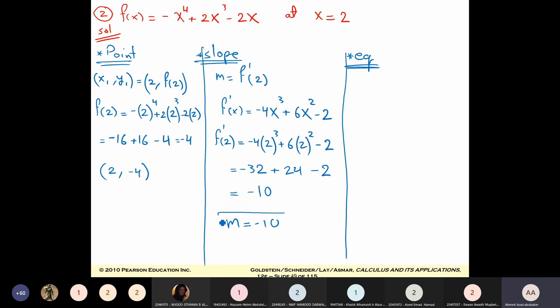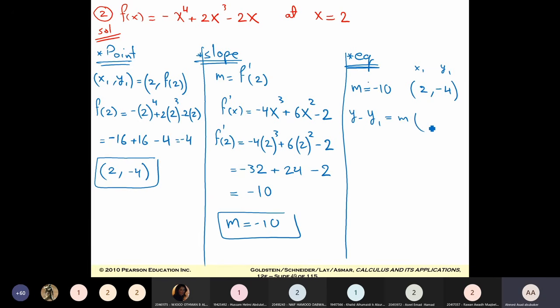This is the slope and this is the point. Now we can find the equation. The slope equals negative 10 and the point is 2 and negative 4. This is x1 and y1. So we have the equation y minus y1 equals m times x minus x1.